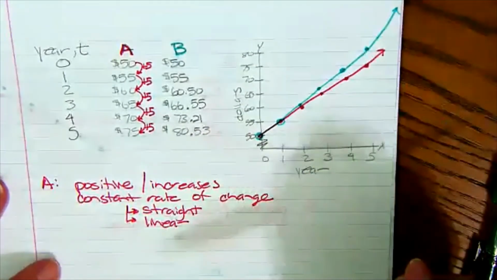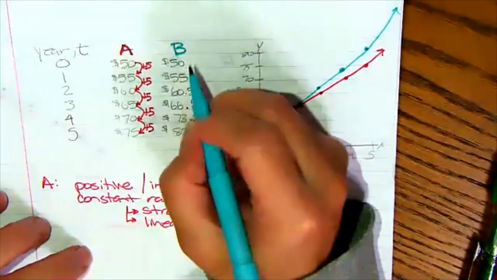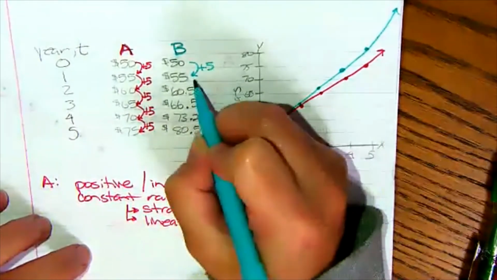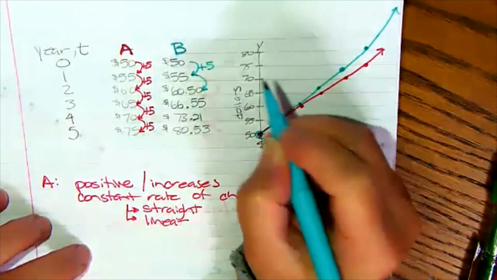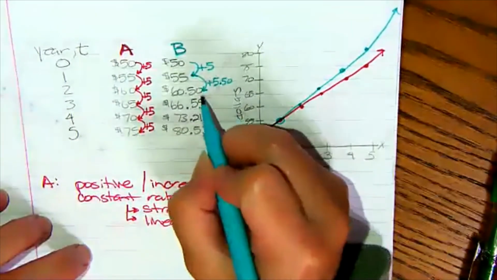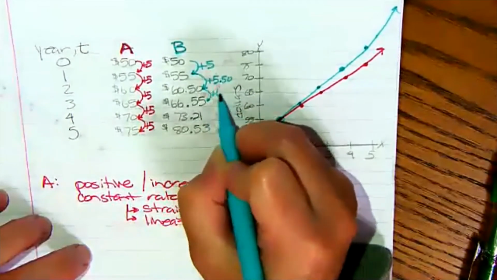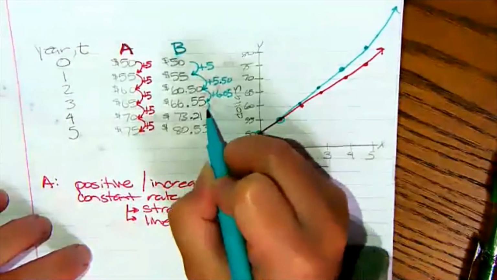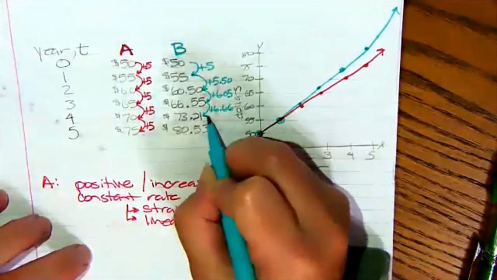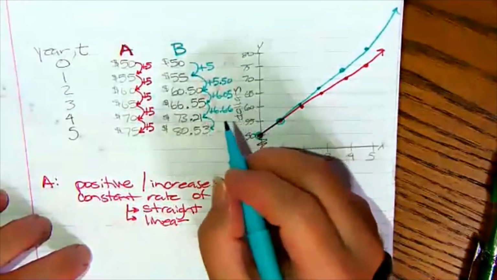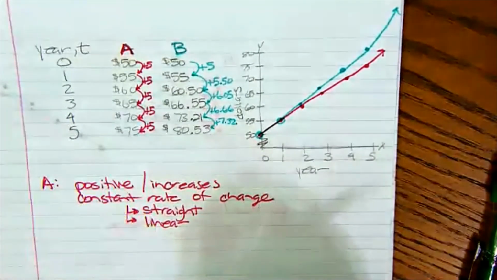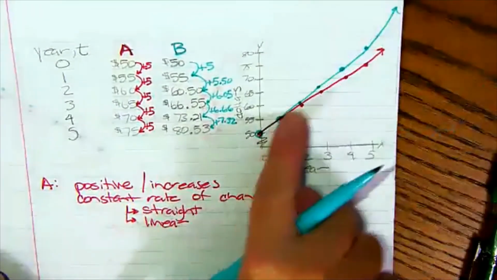It's curved. But I want to be sure, so I'm going to check my rate of change. So here I have +$5. Oh, right here, +$5.50. +$6.05. I can see that my rate of change is not constant. My rate of change is changing. So that confirms that this is not a straight line.